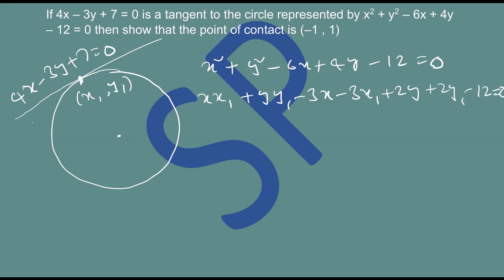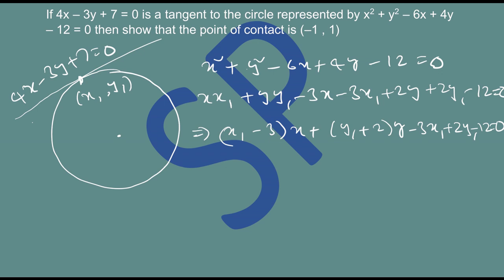Now, rewriting so that we have all x terms at one place and y terms at one place, I have (x1 minus 3) into x plus (y1 plus 2) into y plus the constant part, that is minus 3x1 plus 2y1 minus 12 equal to 0.